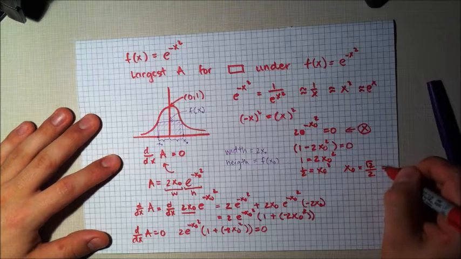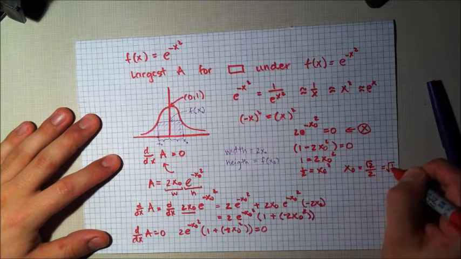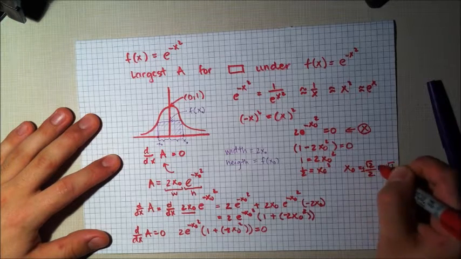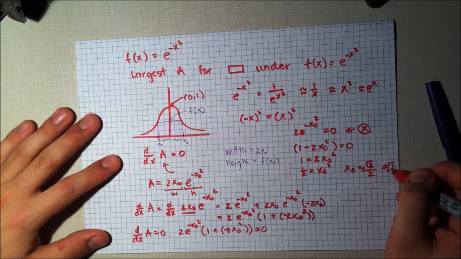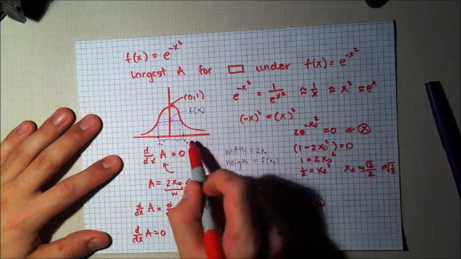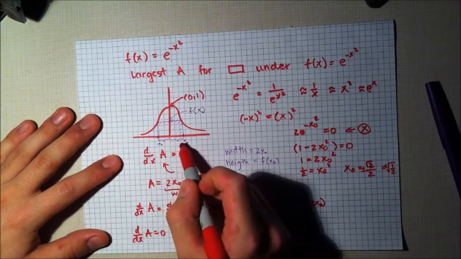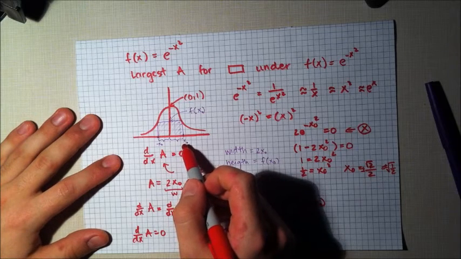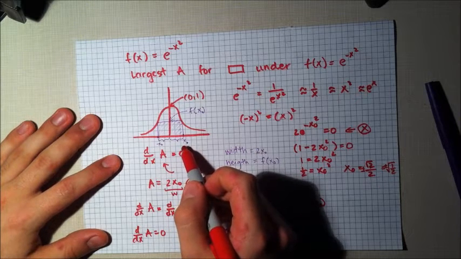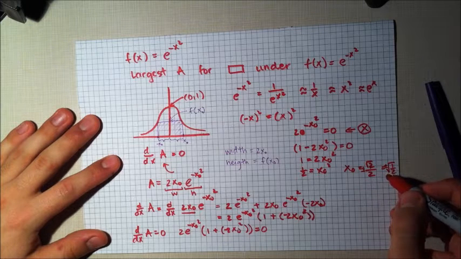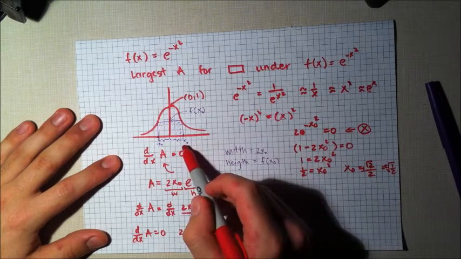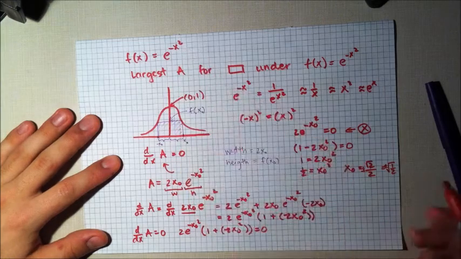And if that doesn't make sense to you, then it's going to be root of 1/2, positive and negative. Now this doesn't really matter because both positive and negative x are kind of the same thing, and that's not really what we're looking for. What we're looking for is the area, so we're just going to use the positive value and multiply it by our e thing.